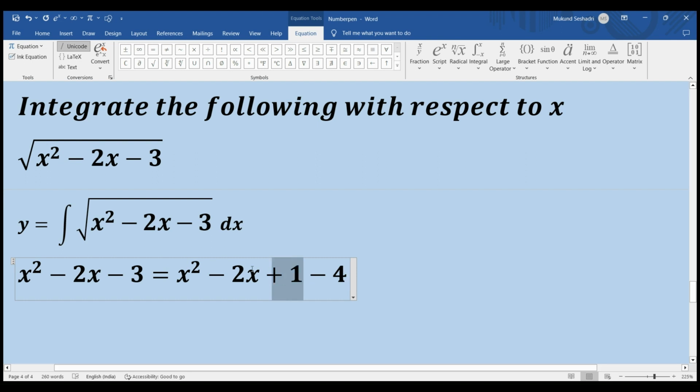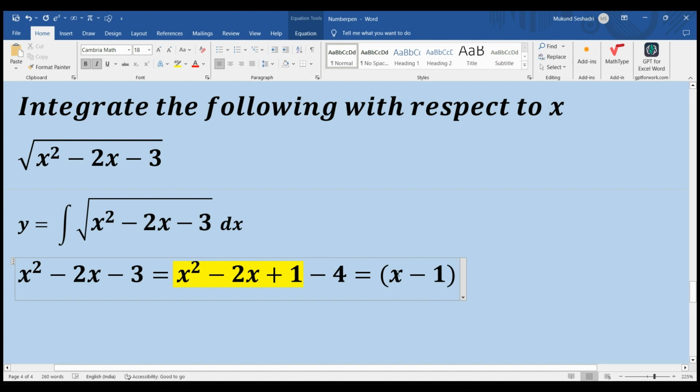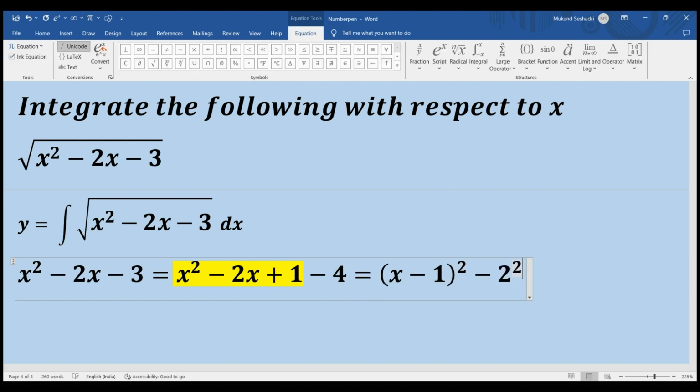So what I can do now, my x square minus 2x plus 1 is nothing but x minus 1 the whole square, right? I'm referring to the term highlighted in yellow. And the term 4 is nothing but 2 square, right? So the way I'm going to write this is x minus 1 the whole square minus 2 square, right?